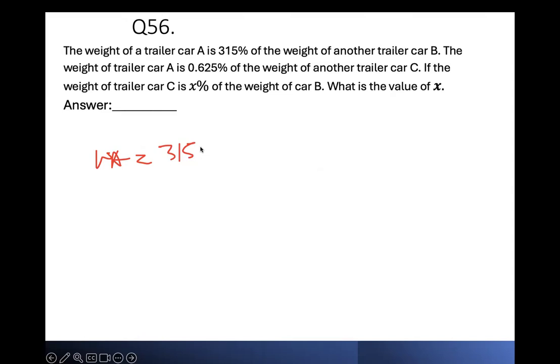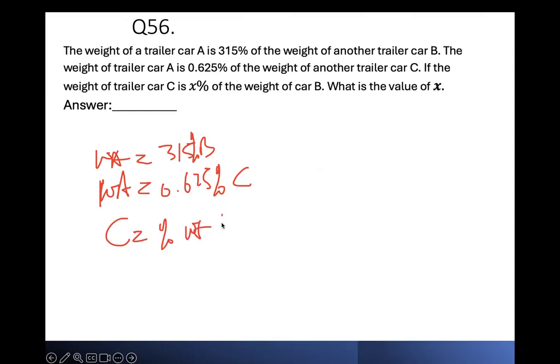315% of the weight of what? B. That's percent. You know they're going to tell you B and C. The weight of A is something about C: 0.025% of C. Now they have to tell you something about C. If the weight of C is X percent of what?